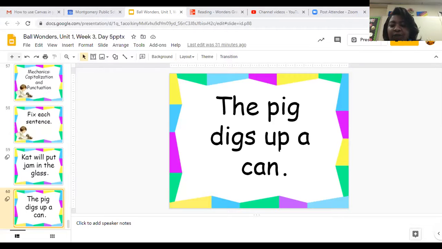So go ahead and write your first and last name on your paper. Let's read the draft model. We're going to use the questions to help us add describing details. This is our model. This is what we are reading. Tim is the class pet. Tim is a fish. Tim swims fast.